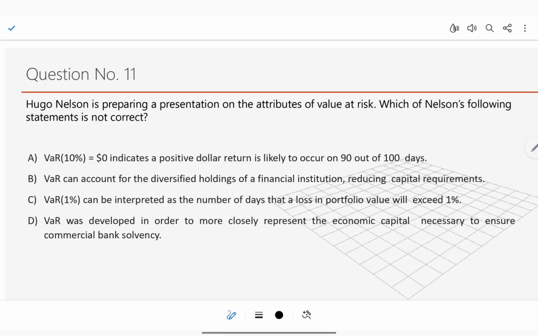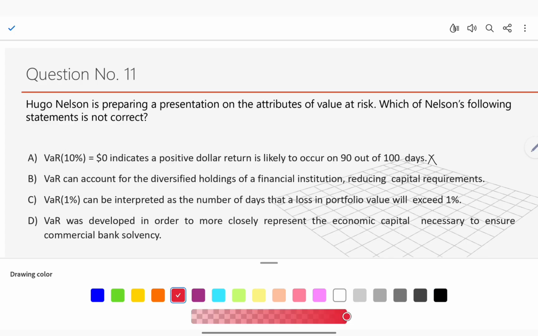Option 1: VAR 10% equal to 0 indicates a positive dollar value is likely to occur on 90 out of 100 days. This is not correct. Actually, it indicates that there is a 10% probability that on any given day the dollar loss will be greater than 0. So this is not the correct answer.